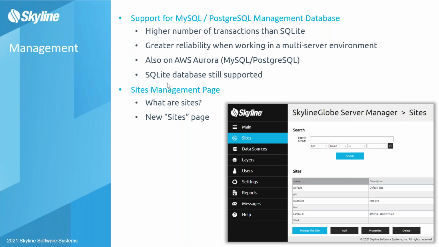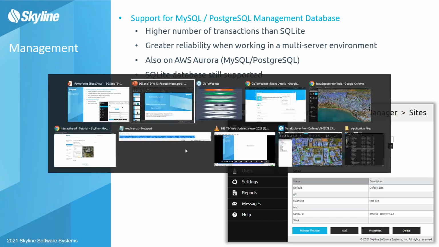In a city or a community, I can have a Skyline Globe server and then have different sites for engineering, for public facing, for education, and all these would be a subsite, and the users connecting to them will experience them as a single isolated Skyline Globe server. So we have made updates to the sites page.